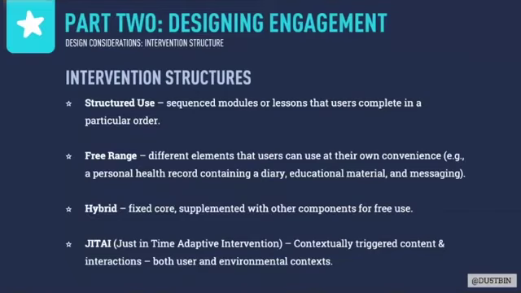And another kind of intervention structure that's gaining some traction is what we call JITAIs, or just-in-time adaptive interventions, which are great because they're a low burden on the user.